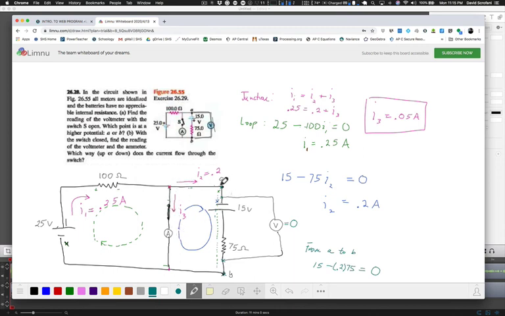So as far as I'm concerned, I might as well just take a wire and just short circuit from A to B, because that is precisely what you're doing by having this loop right here. So really what you have here is just a simple circuit with a 15 volt battery, a 75 ohm resistor, and then that's it. I simply come right back around to here.